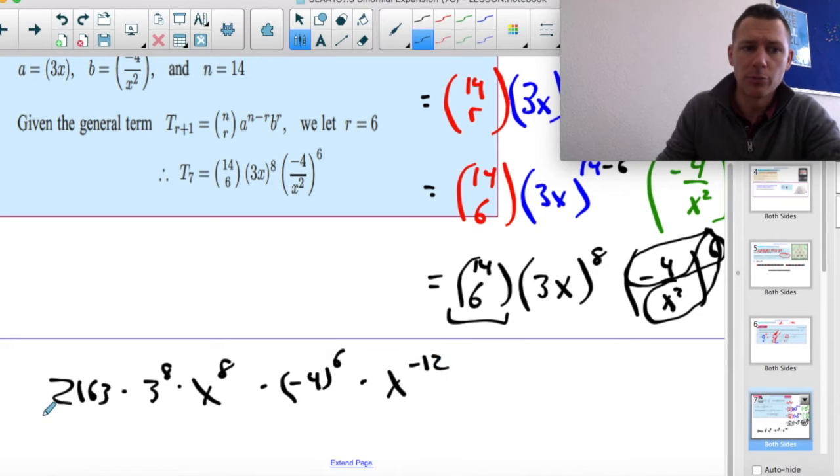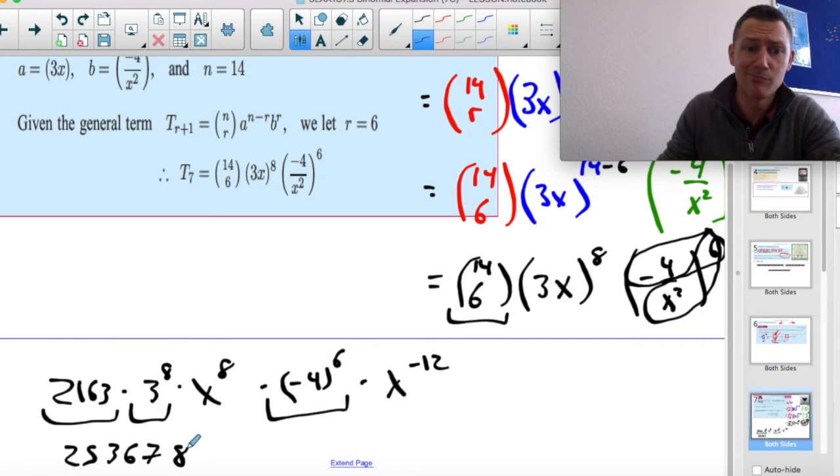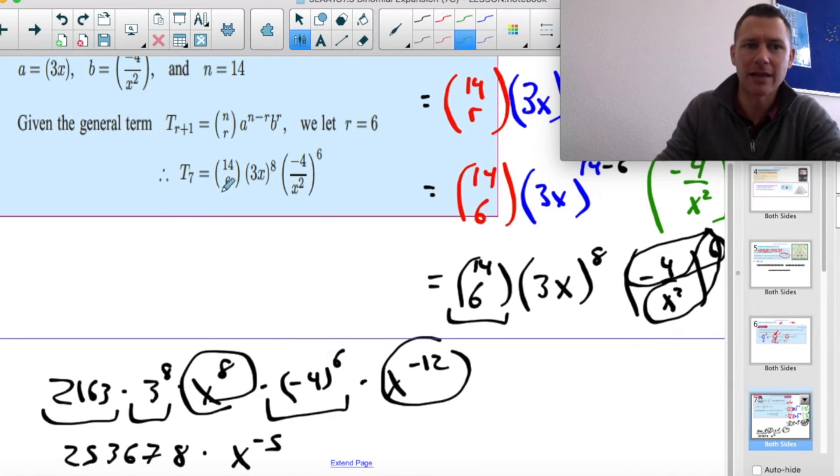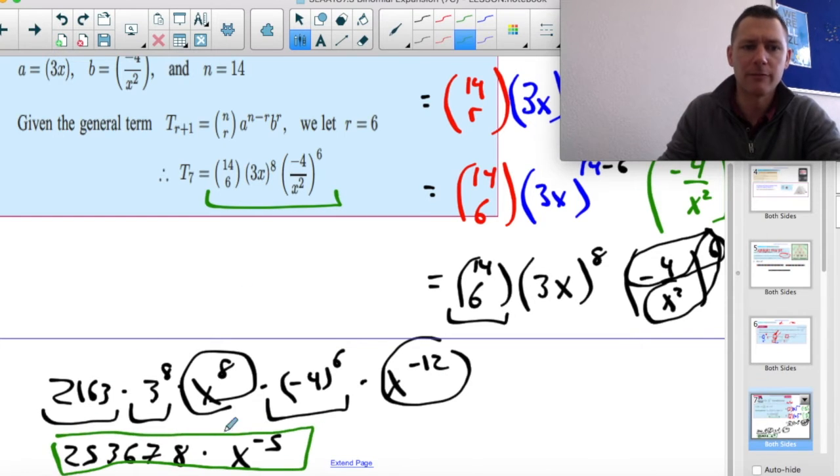You'd put this and this and this. They're all just numbers, so you'd multiply them together. You get, making stuff up, right? And then you'd put the x's together, and you'd get x to the negative 5. And that is your whole term. I think they kind of cheaped you out there, but I think that's the simplified version. I obviously made this part up, but not that part.